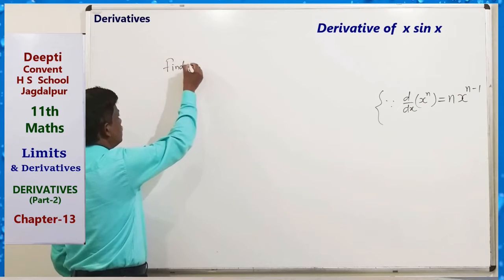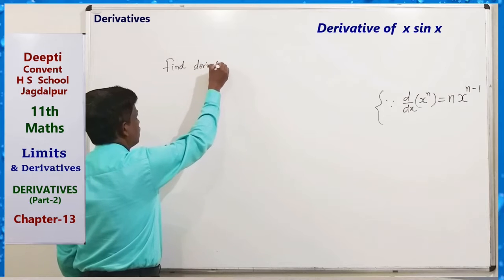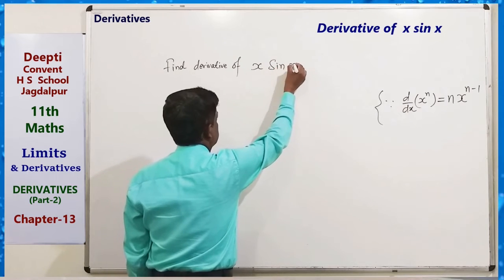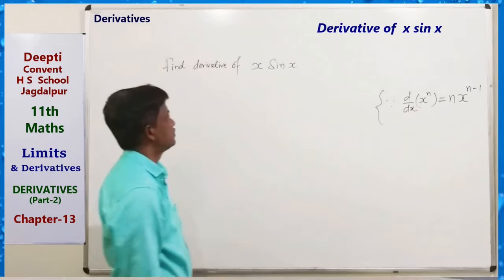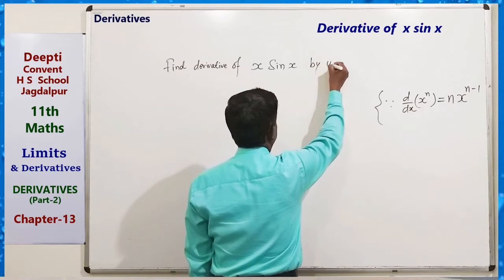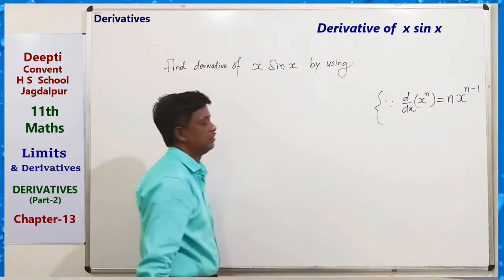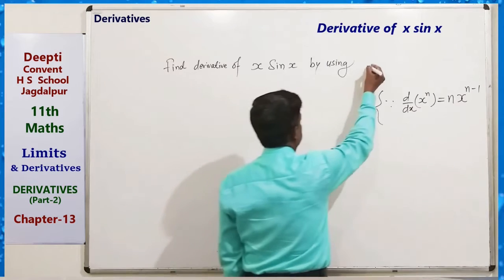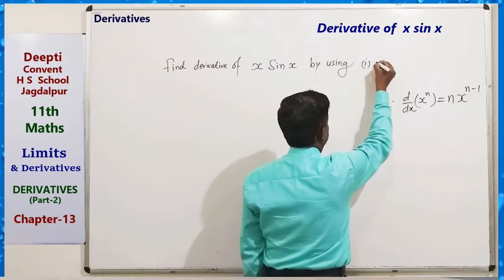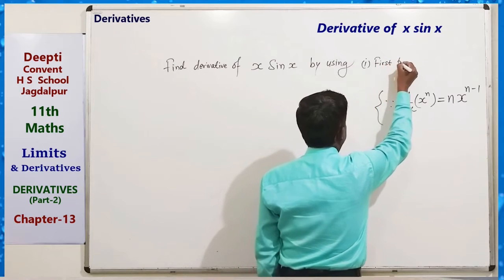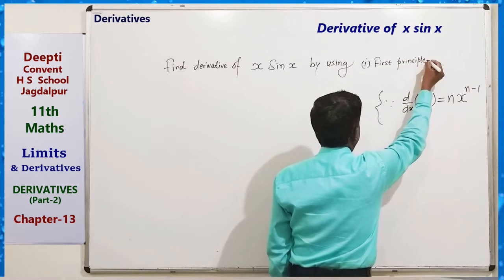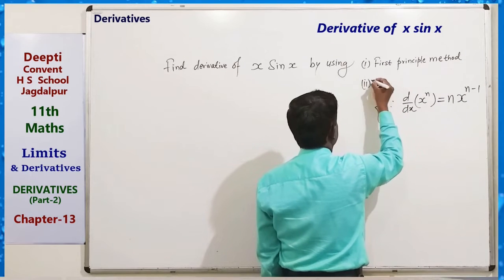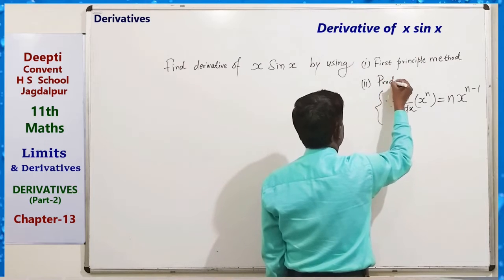Find the derivative of x sin x by using first the first principle method, and second the product rule.